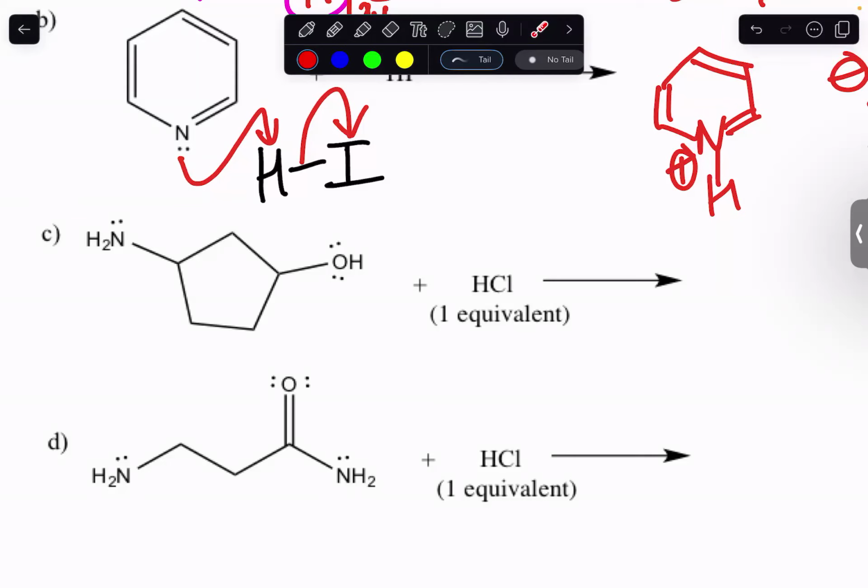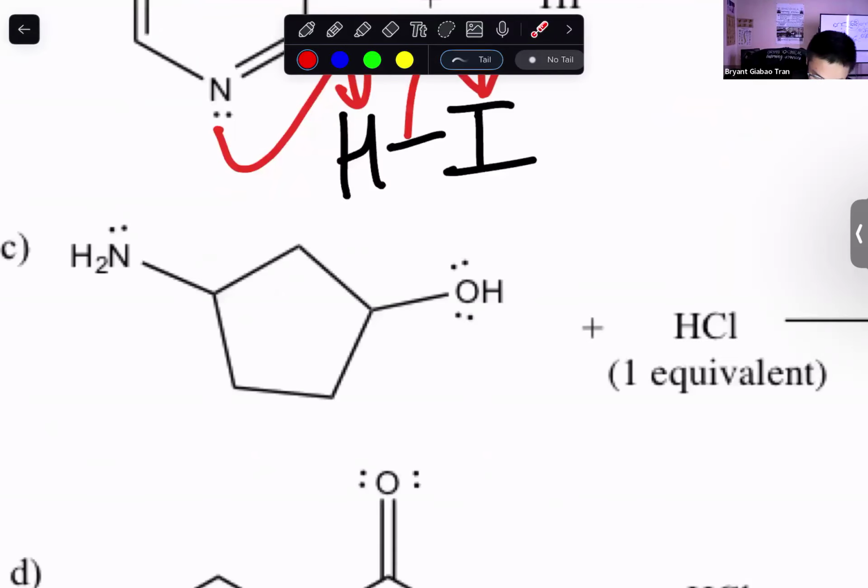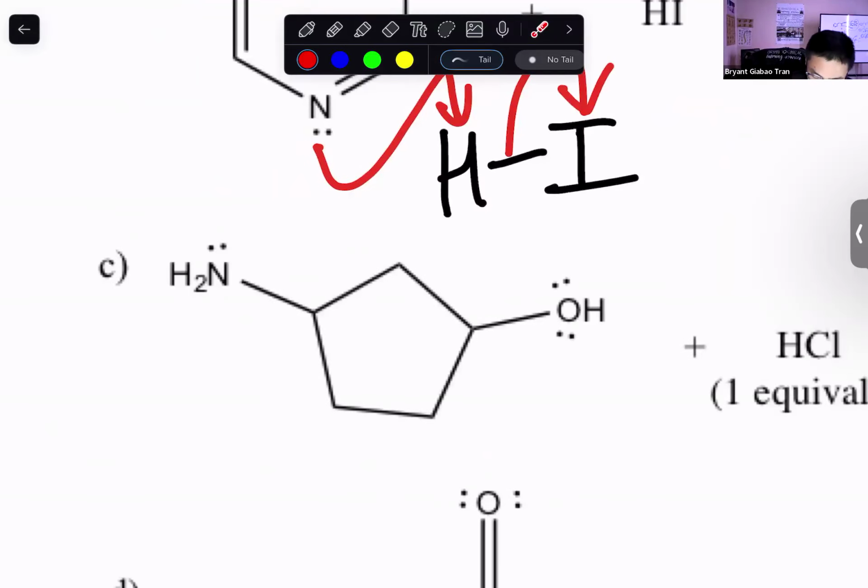So would it be nitrogen? Yep, it would be nitrogen. But the way that I like to think about it is the electronegativity difference between nitrogen and oxygen. Nitrogen is less electronegative than oxygen, so it's more willing to give up its electrons, right? More willing to donate its electrons, whereas oxygen is more electronegative than nitrogen, so it wants to keep its electrons. It doesn't want to attack a hydrogen.